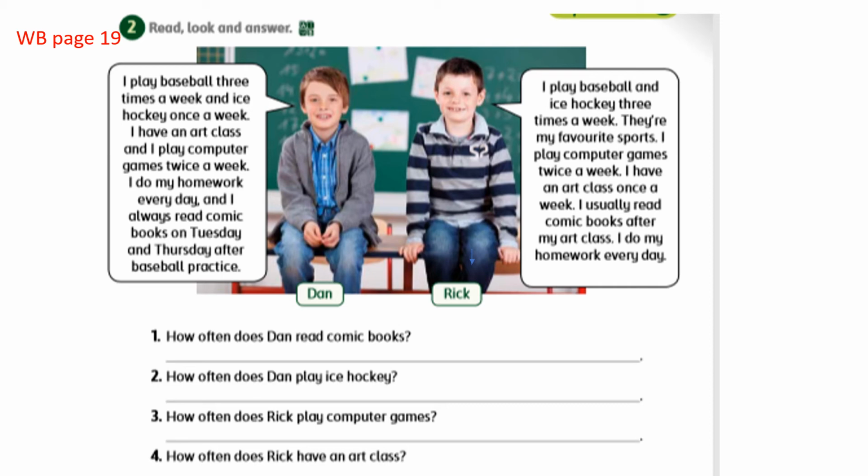So how often does Dan read comic books? Twice a week. And I read comic books on Tuesday and Thursday. So twice a week.